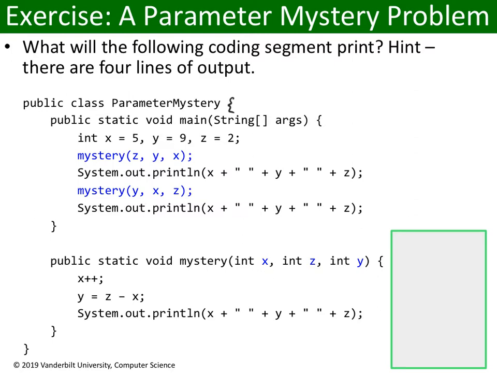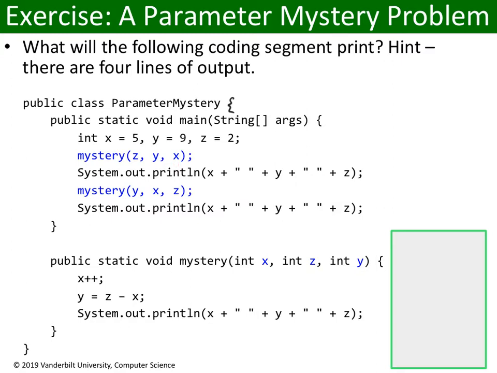Then we call mystery, and mystery is declared with three parameters, x, z, and y. So we have to supply expressions for each of these parameters. We have an expression here for x, an expression here for z, and an expression here for y.